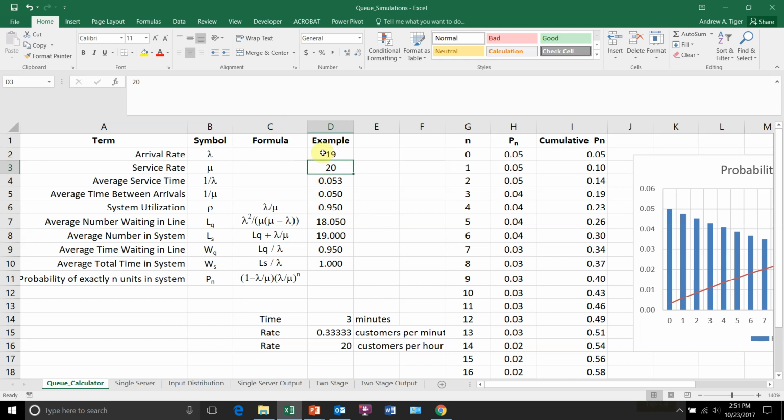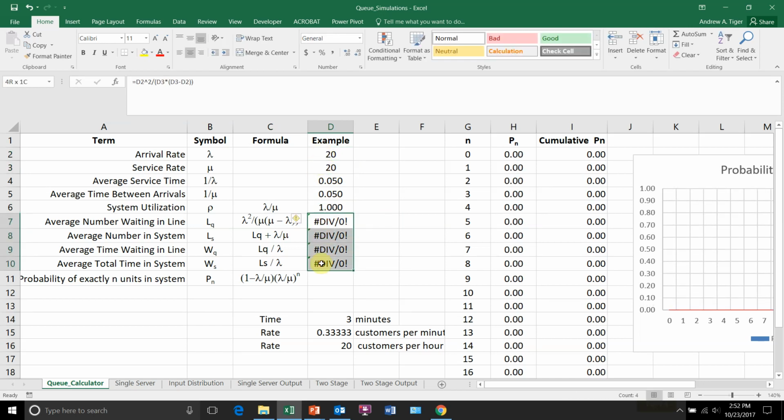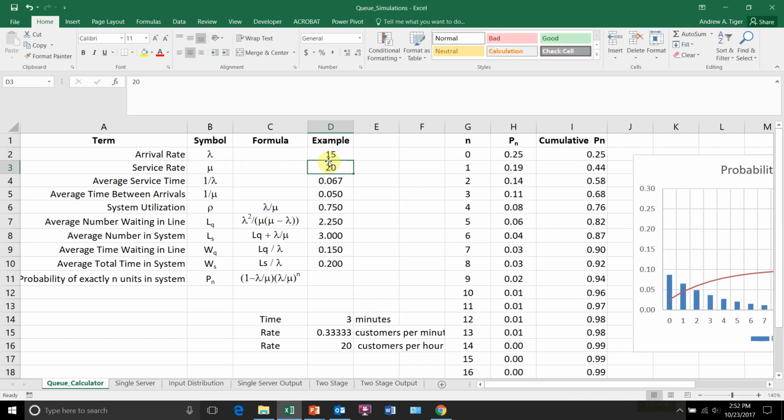It cannot be equal. With a utilization of 100%, a lot of these formulas are undefined. So for a system to be stable, the arrival rate has to be less than the service rate. That doesn't mean that there's never a line, because we do have variability, but for the long-term stability of the system, this number has to be less than this.